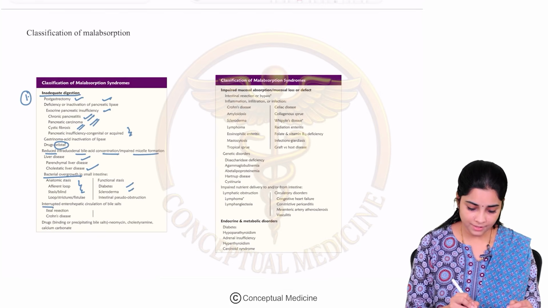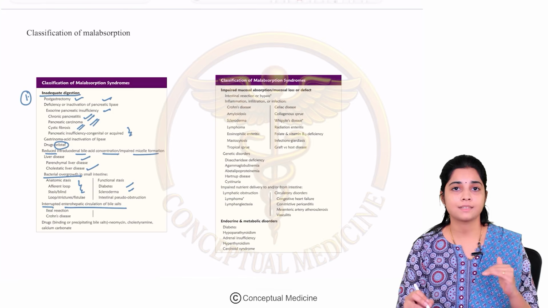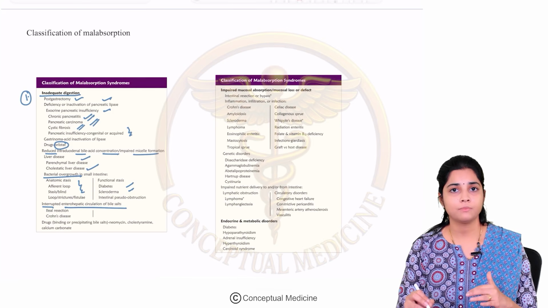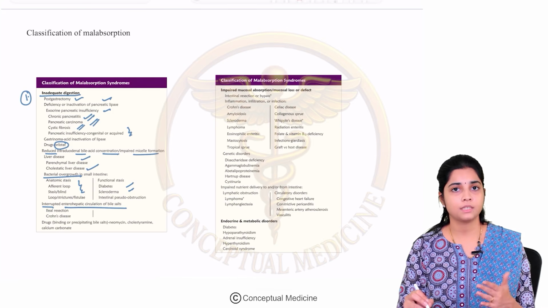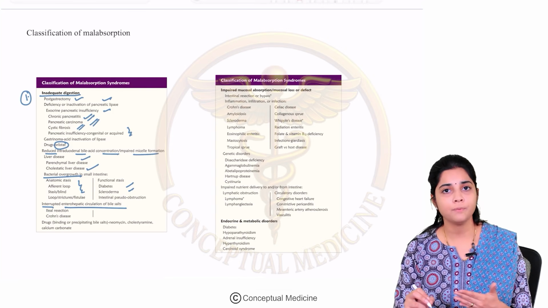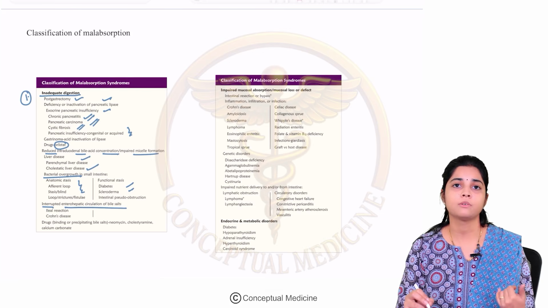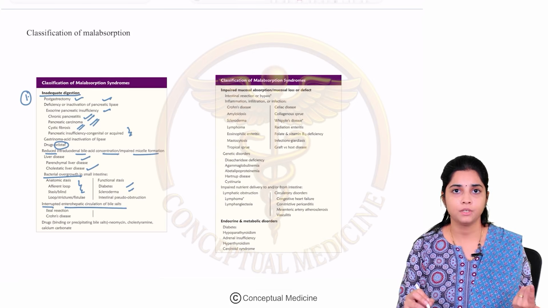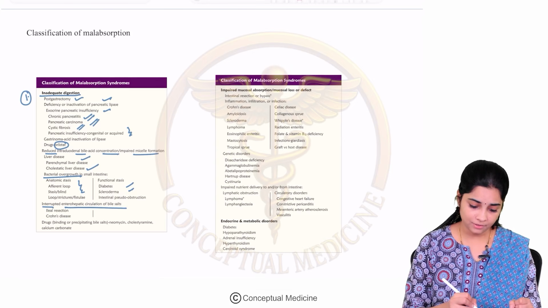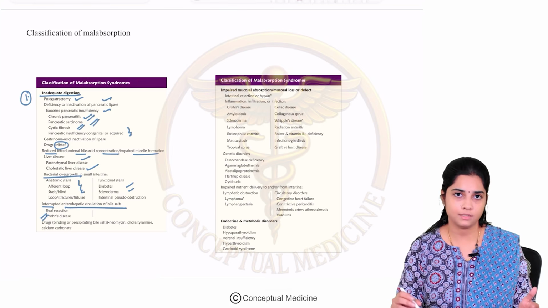Then there can be an interrupted enterohepatic circulation of bile. So we know that the bile gets secreted in the intestine, and in the intestines it is deconjugated to form urobilinogen by the intestinal flora, and this urobilinogen is excreted. But 20% of the urobilinogen undergoes an enterohepatic circulation. So this itself can be impaired because of ileal resection or Crohn's disease, which are diseases which affect the intestine.